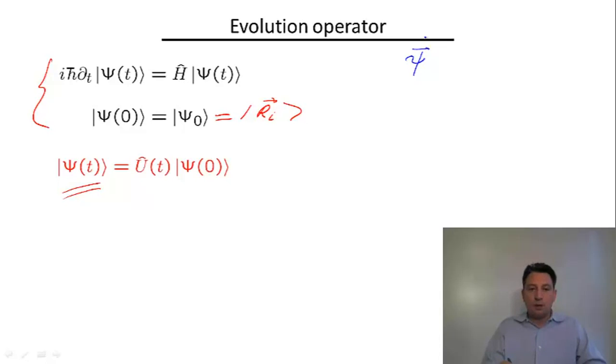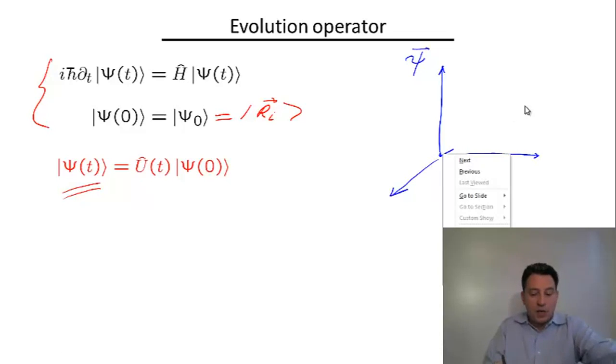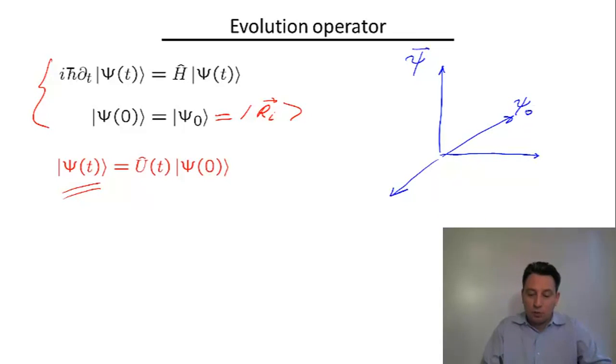Now, if we did have a garden variety linear vector space as our Hilbert space, which normally is very multidimensional, so we can't really draw the axes, but if we imagine for a second that we have, let's say, just 3 axes, and there is a state psi 0, which represents our initial state.